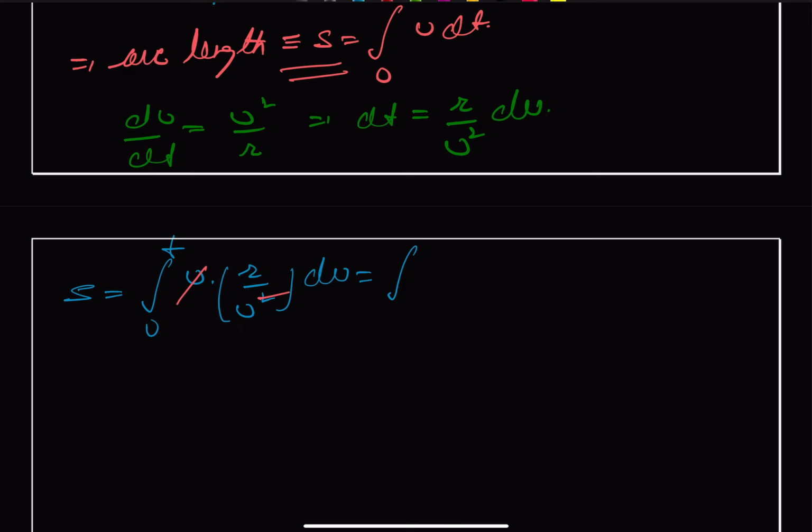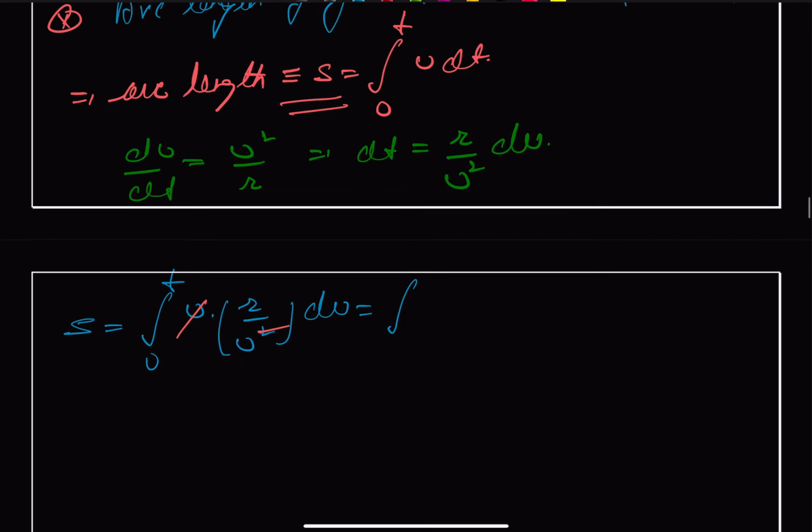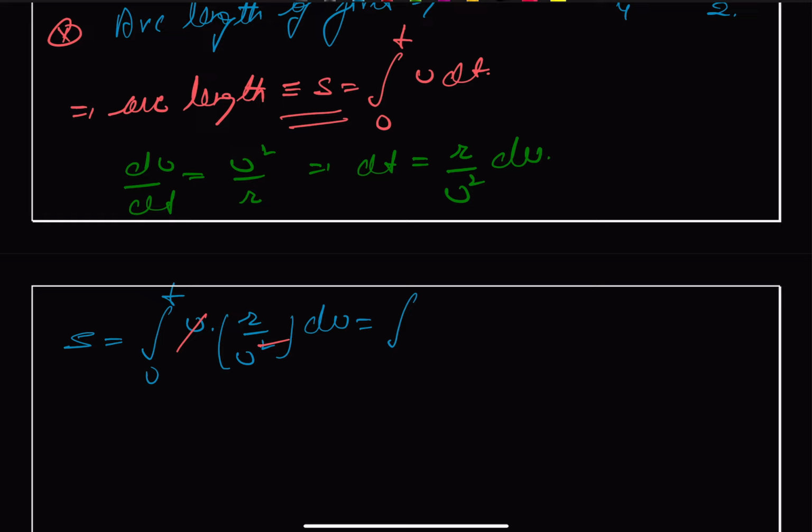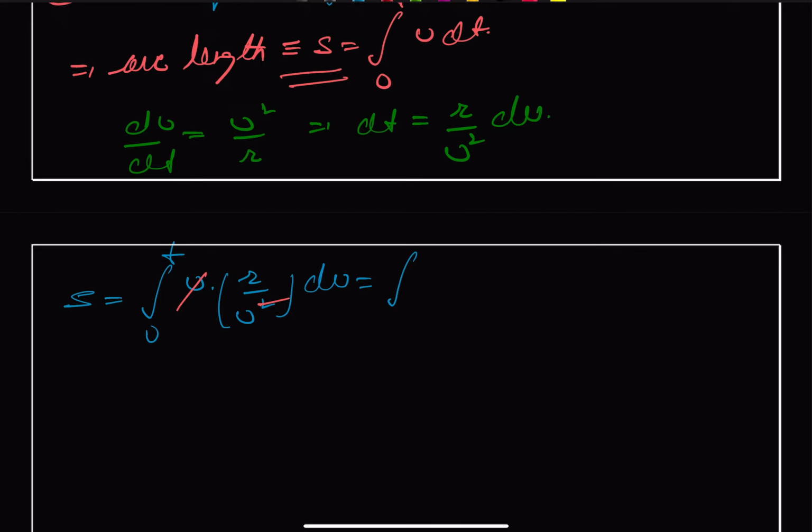We have to change the limits also, and the limits will be from initial velocity v equal to u to final velocity v equal to vf. So this comes as the integral from u to vf of r dv upon v.